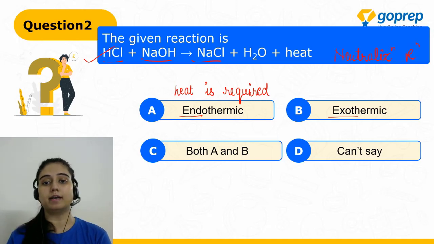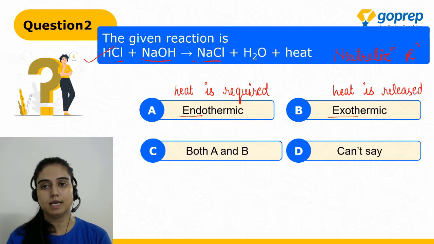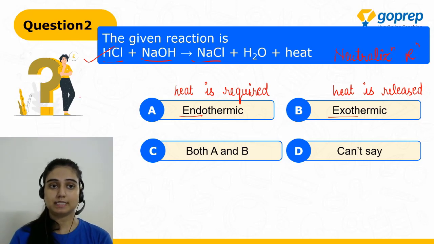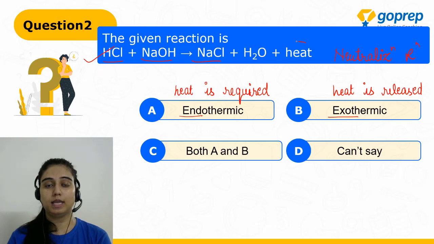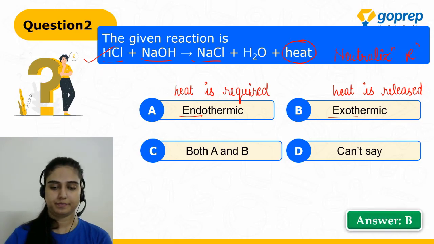Unlike endothermic, exothermic processes are those where heat is released at the end of the process. At the end of the reaction, you will see some or a huge amount of heat is released. So you can see in this reaction also heat is getting released. So the correct answer is option B.